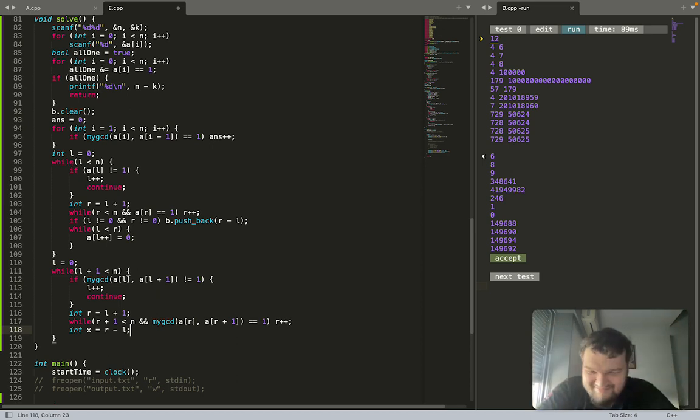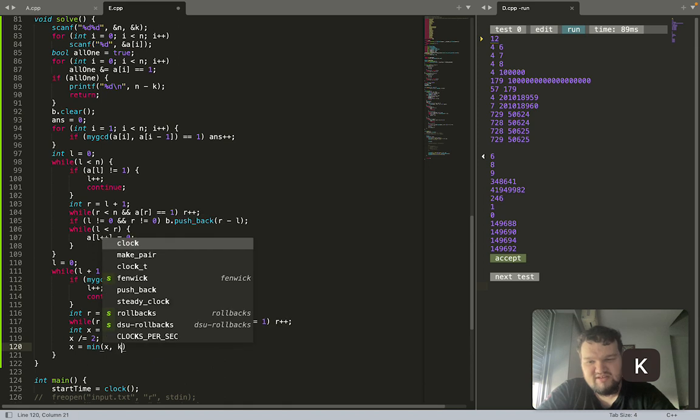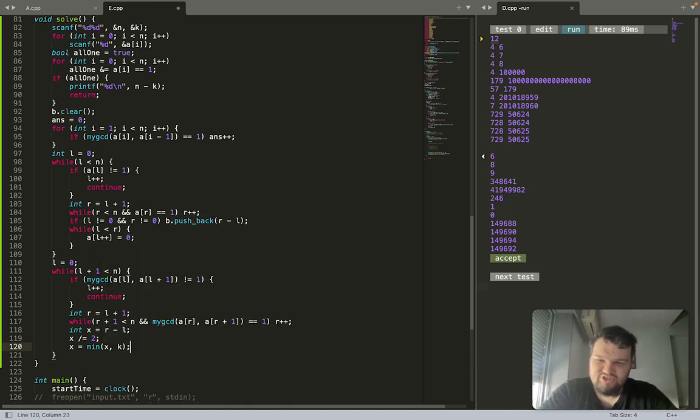Well, it should be this. And so for this divided by 2 rounded down number of operations, I can reduce the answer by 2 for each operation, but I should also take minimum with the number of operations I have left. And so now I can make X operations, each of which will reduce the answer by 2, so I reduce the number of operations available by X and the answer by 2 times X.